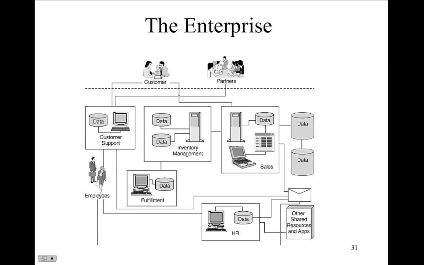And we only have one customer service department, one fulfillment, one centralized database of the inventory. And we have data that's shared among all of the different systems. This is essentially the goal of modern day computing. Not everybody's there yet, believe it or not. There are companies today that still have separate databases in different departments. And they have separate applications and they don't share anything.